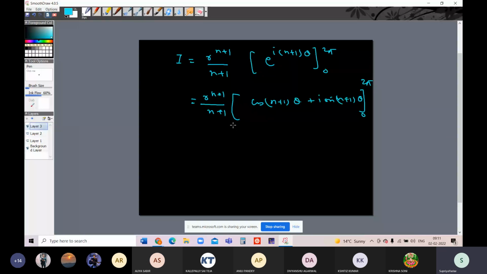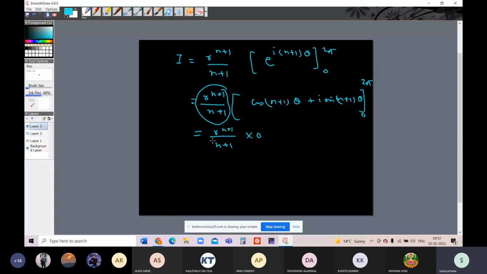So substituting this value, for cos 2 pi, it will give you 1 minus 1, which means 0, only if n+1 is a non-zero value. So it will be r^(n+1) upon (n+1) into 0, and this will be 0 when this quantity is non-zero, any finite value.